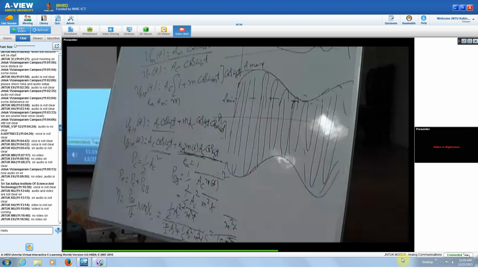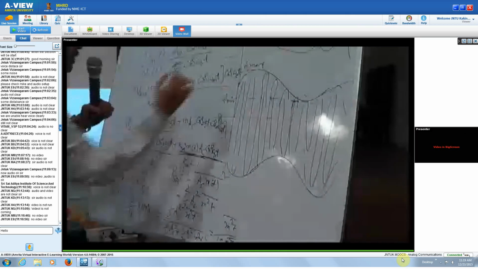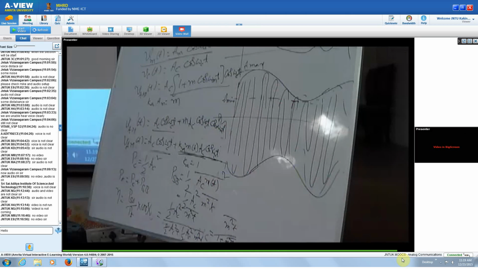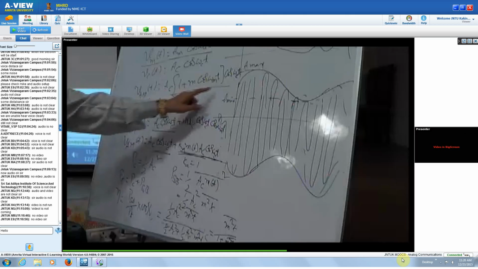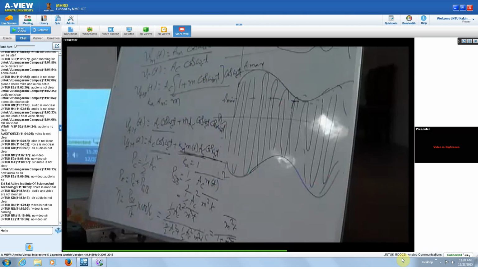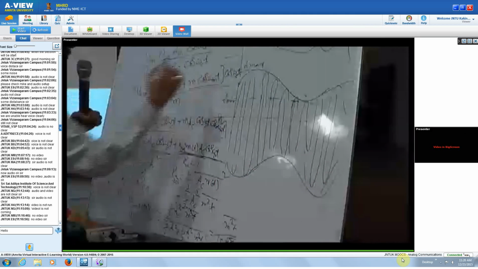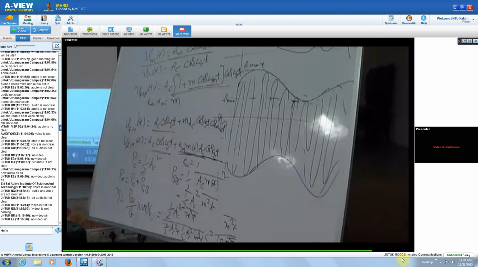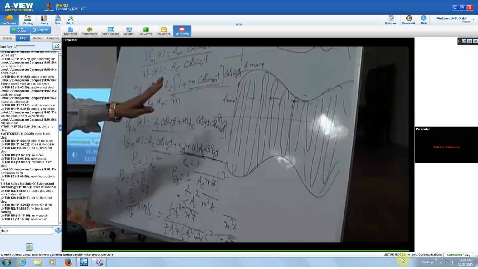Then the expression is going to be 1 plus m cos omega_m t. So instead of m of t we have m cos omega_m t, whose average square value you have to find out. What will be the power of the signal m cos omega_m t?